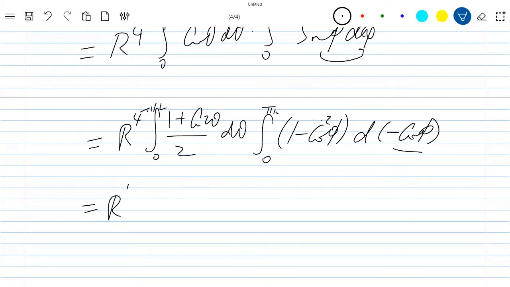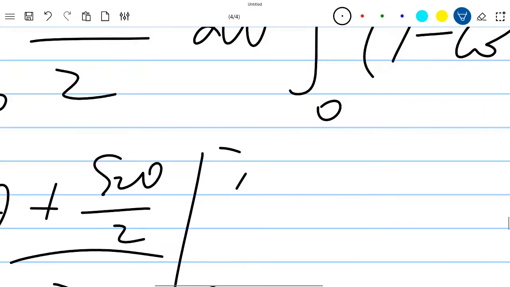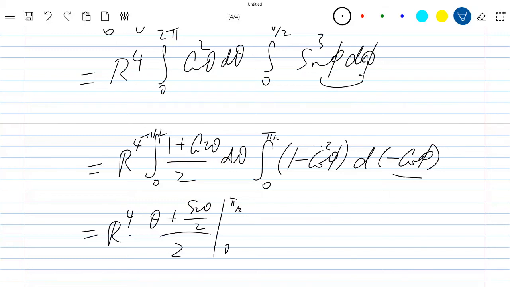Okay, then you have r to the 4th, and this gives you theta plus sine 2 theta over 2, and plug in the limits. Pi over 2, right? And you can see pi over 2 times 2 equals pi, so this is gone. Oops, this is gone. This is pi over 2, right?